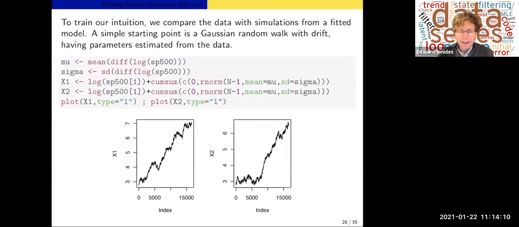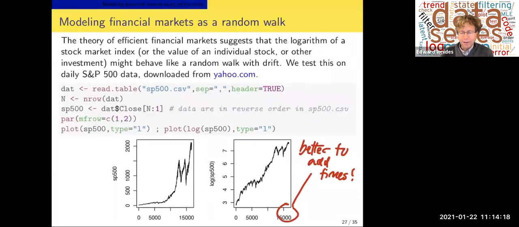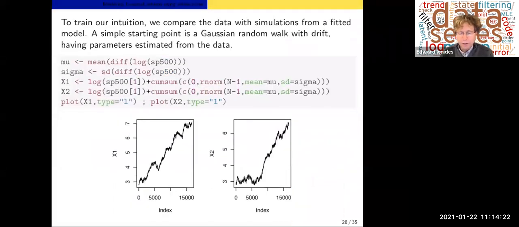I think particularly simulation X1 looks not so different from the kind of things that the data are doing here. Simulation X2 suggests that according to this model, you could have even more extreme deviation from linear trend than what we in fact observed.